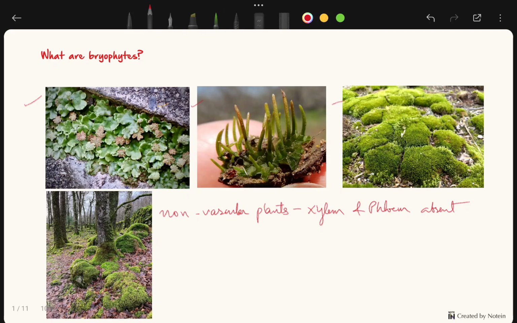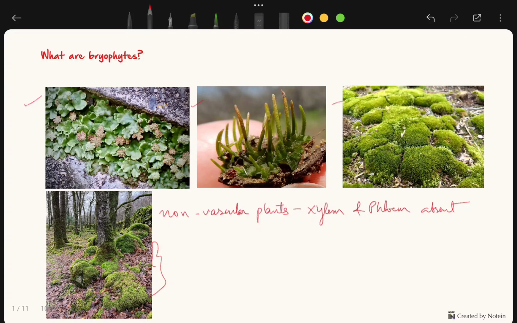They are known to grow in moist and shady places, like in the forest. You will find them growing on walls, on tree barks, as you can see here, and even in your garden as well.